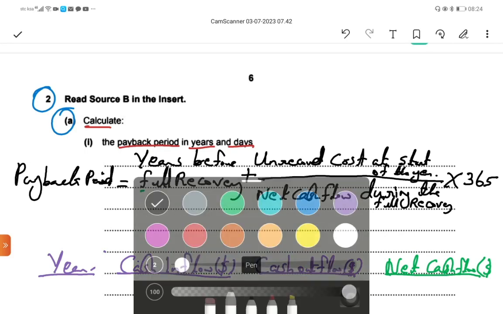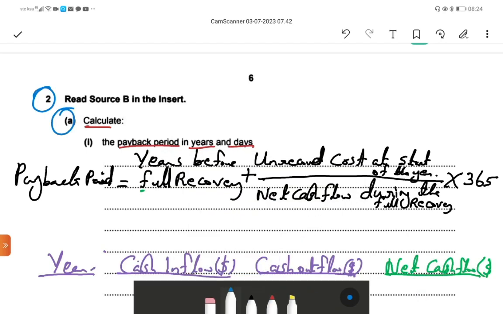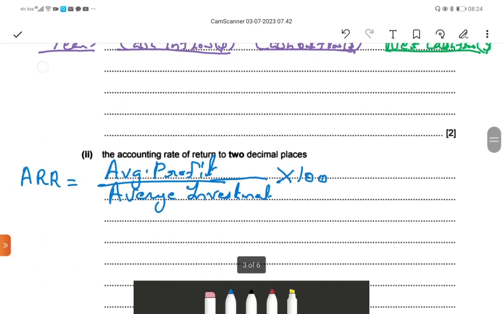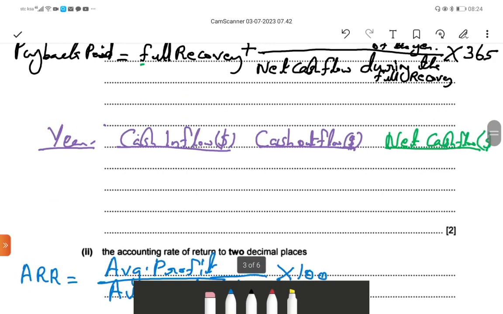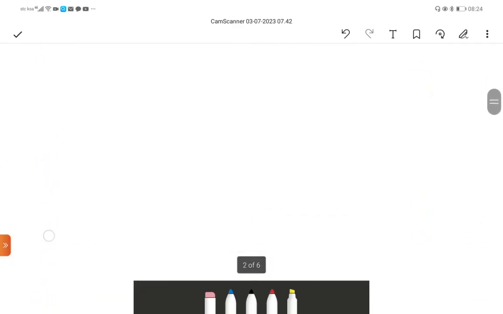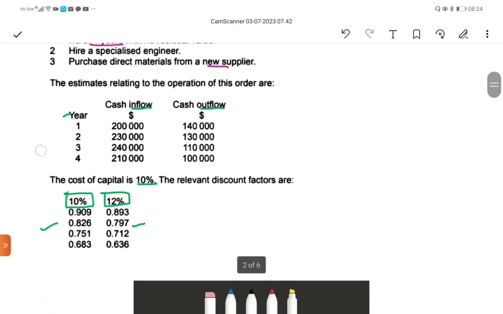So first we have to check the years before recovery. For that, we first have to prepare the net cash flow statement. How many years do we have in total? Total years are 4. Here they have given years, cash inflow, cash outflow.